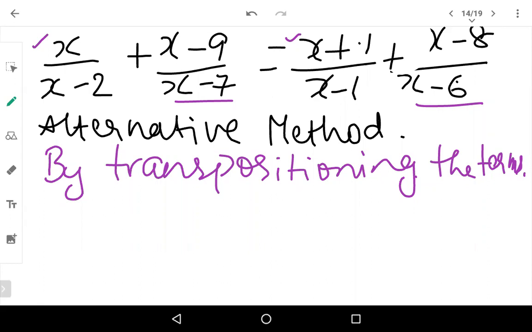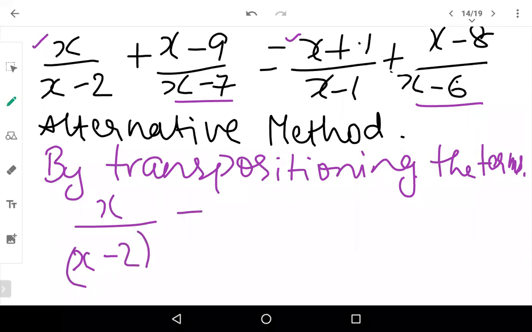So what will be my actual question is x divided by x minus 2 minus, I'm getting x plus 1 by x minus 1 to the other side.